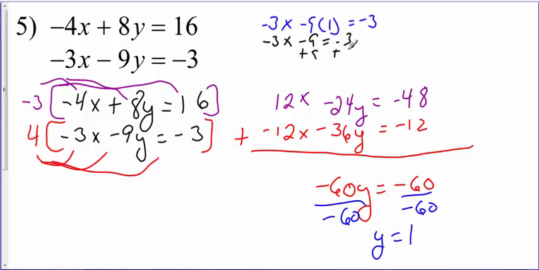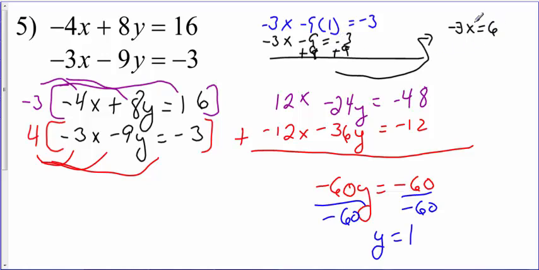That's +9 on both sides. So basically what I've got is -3x equals 9 minus 3, so -3x equals +6. Divide both sides by -3. So I get x equals -2. So that answer is -2 comma 1.